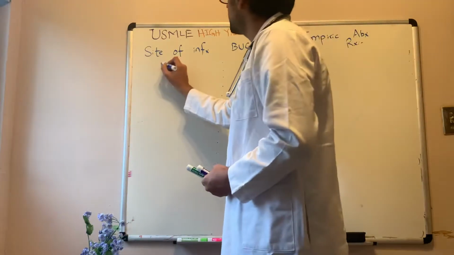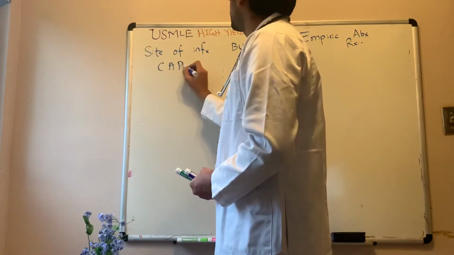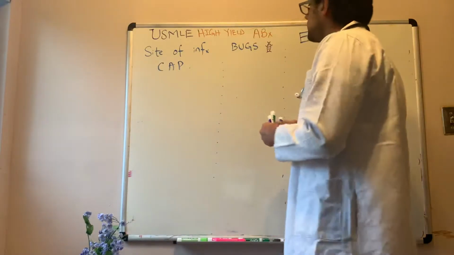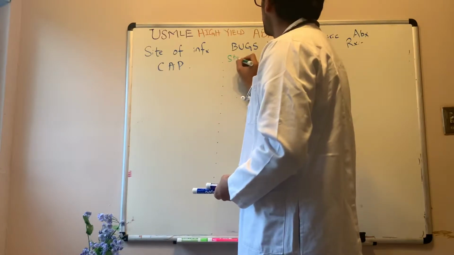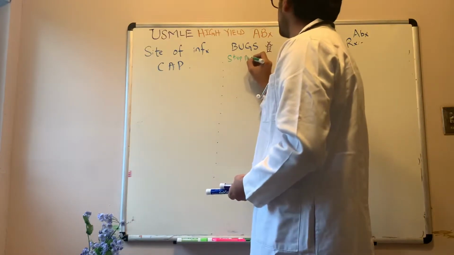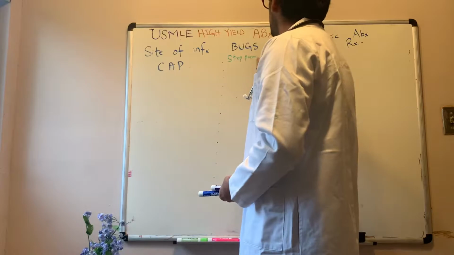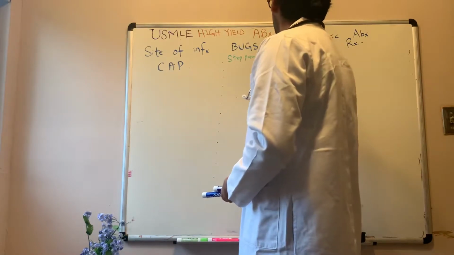So community acquired pneumonia. What are the bugs? So we'll talk about strep pneumo. If they ask you a direct question, what is the most common, it is strep pneumo, H influenza.